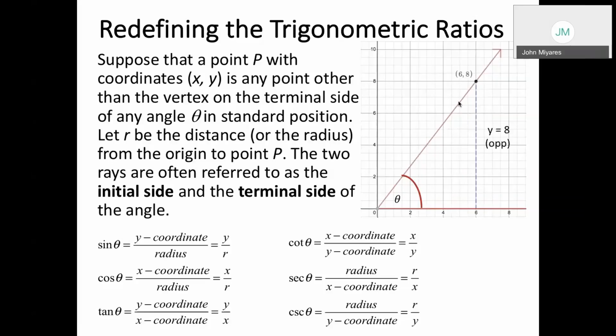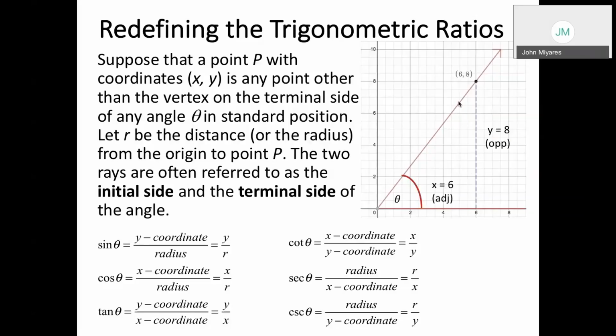So the y coordinate is the same as the length of the opposite side. Similarly, the adjacent side to angle theta, the side that runs along the positive x-axis, is going to have a length equal to x. So we can think of this value x as being the adjacent side in our reference triangle with respect to angle theta.